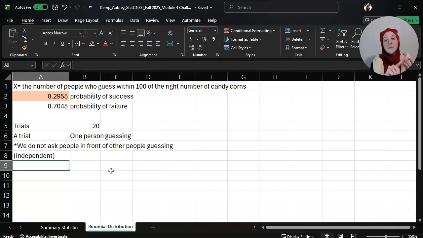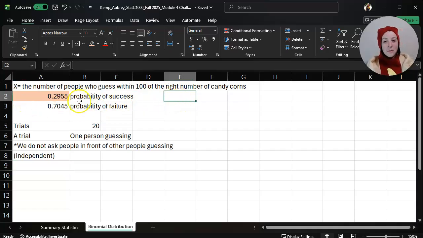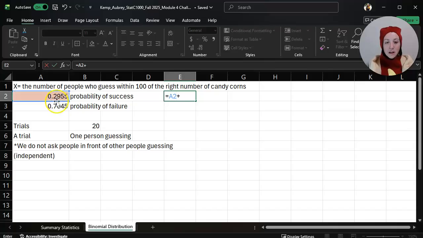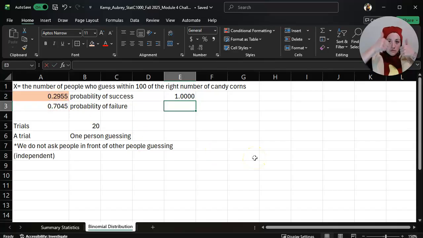And then we're assuming that the probability someone guesses within 100 is about 0.2955, and we're assuming that stays the same from person to person. The probability of success and the probability of failure have to add up to 1, which if you remember, that's how we actually found the probability of failure. So when we add these, we should get 1, which we do. That's really good news. Okay. So here we have a binomial experiment. We also have only a success, only a failure.